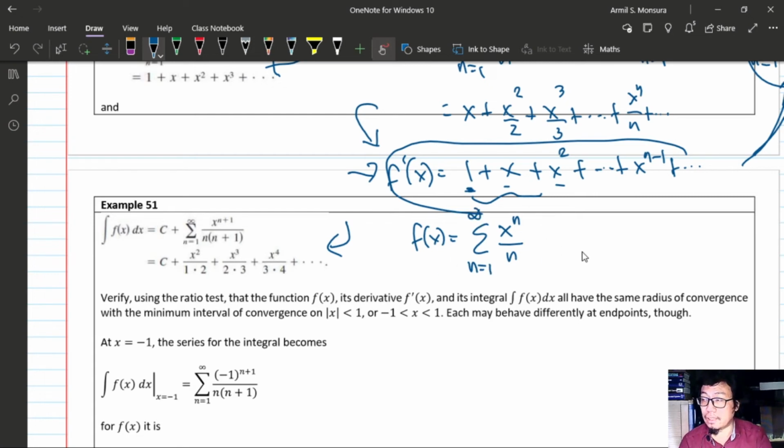If you actually integrate this, the integral of f of x dx is the sum of x raised to n plus 1 over n times n plus 1 by the use of the power formula. So you'll have it from n equals 1 up to infinity.